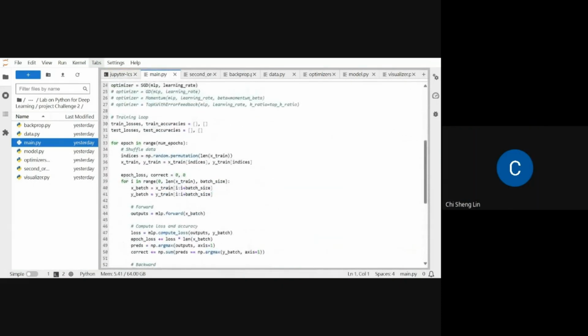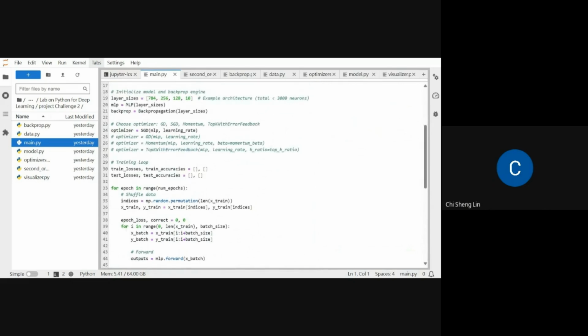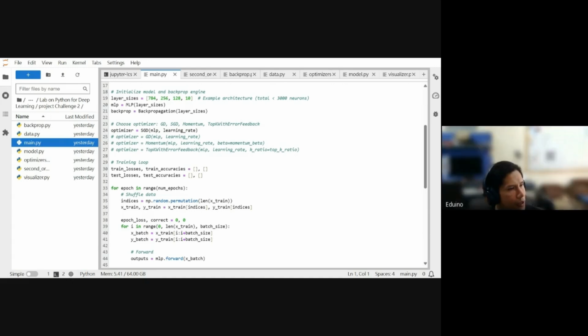I use this one. Just SGD, and I haven't tried other kinds of optimizers yet. Okay, so you're using stochastic gradient descent with a multi-layer perceptron.